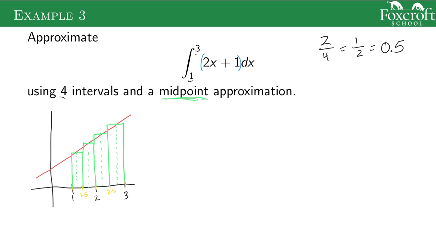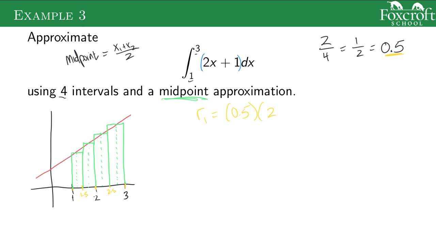And now we've got to find all the areas. Our first one has width 1/2. They're always going to have a width of whatever that interval length is. And then what am I plugging into my function? I'm plugging in the midpoint between 1 and 1.5. The midpoint formula is you add the two values together and divide by 2.